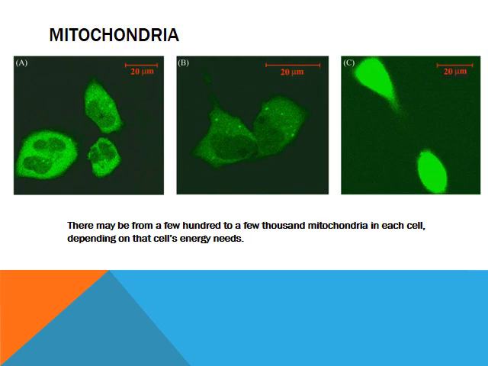There could be a few hundred mitochondria in a cell or a few thousand. There's not just one, two, or three, despite what pictures tell you. In this image, each little green dot is a mitochondrion.